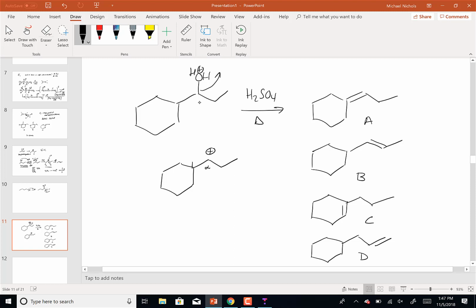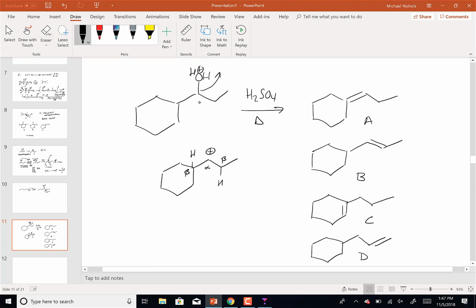That's my alpha carbon. There's my beta hydrogen 1, beta hydrogen 2. So here's beta, and there's beta. Losing the beta hydrogen on the left makes which product? Makes A, and losing the beta hydrogen on the right makes B. So now we're down to A and B. Remember, this was no rearrangement.